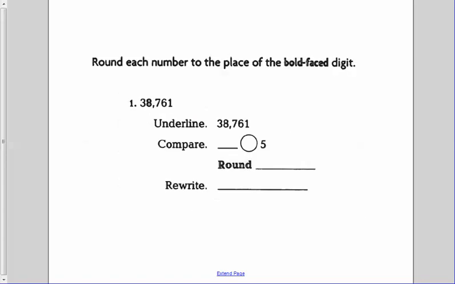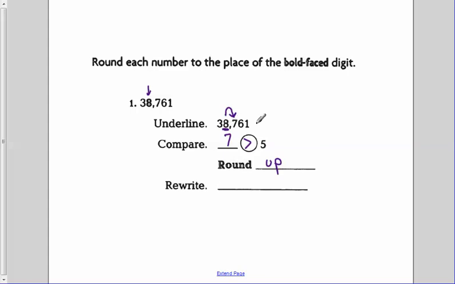So here, let's try to do some on our own. Round each number to the place value of the bold-faced digit. Alright, so we have our 8. The 8 is our bold digit, so we're going to underline it. That is what we're rounding to. And we're going to look to the digit to the right. Since 7 compared to 5, well, 7 is greater than 5, so we are going to round up.